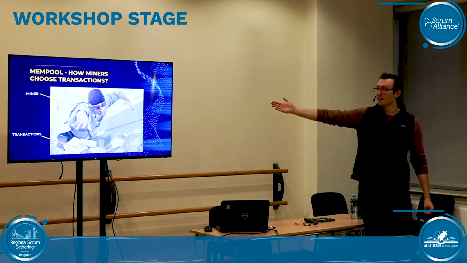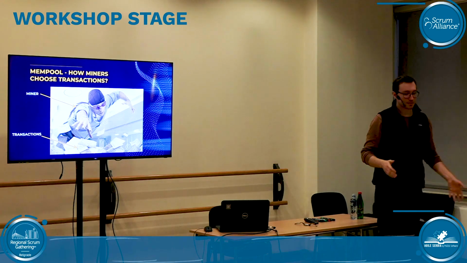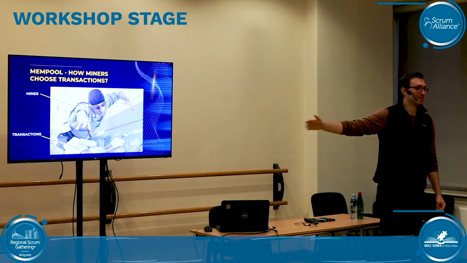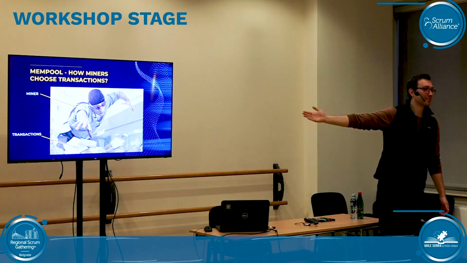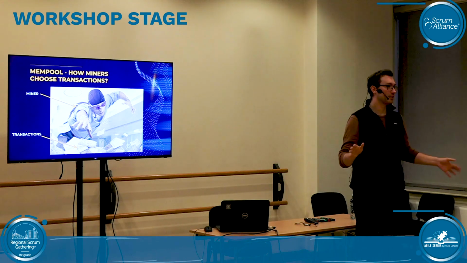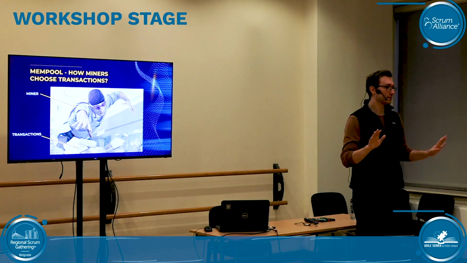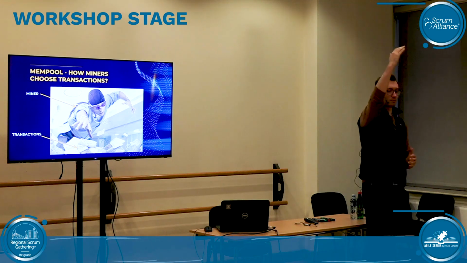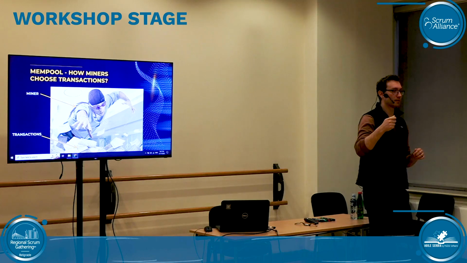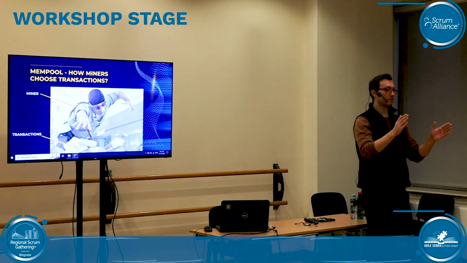So miners will swim around transactions, and basically it's called the mempool. Because of that, I chose that picture. Mempool is nothing but the place where all the transactions that need to happen are stored. That's it. Like just a big table of transactions that are in the process of happening, and for each transaction you have what's happening.